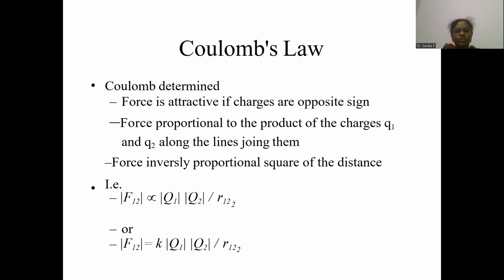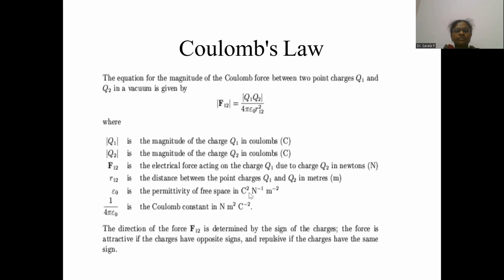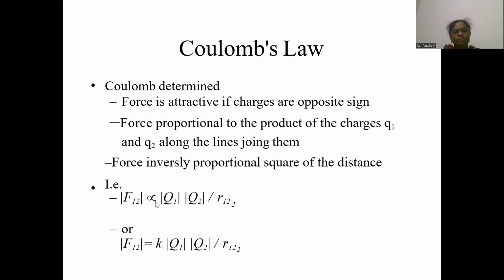And also the force is inversely proportional to the square of the distance between them. So the force is proportional to the charges and inversely proportional to the square of the distance. That is given as F is proportional to Q1 Q2 by R12 square.